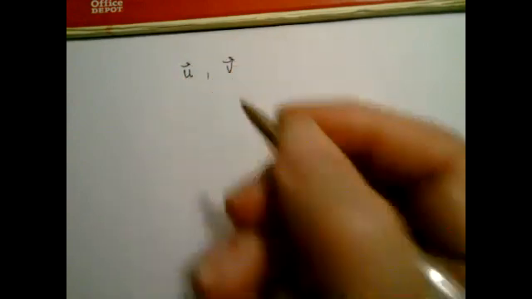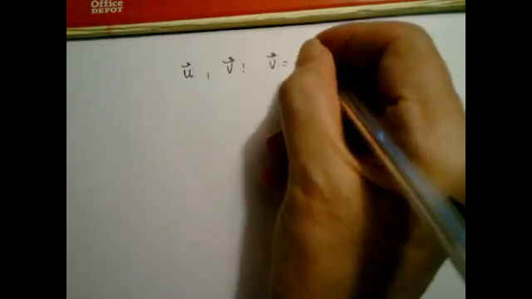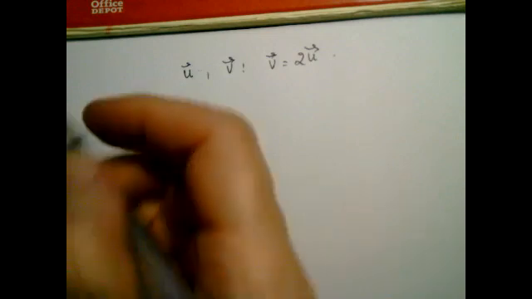Forget about the geometry for 1 minute. Are you with me? Suppose I give you two vectors, u and v, and I tell you that v is 2u. That's what I give you. And my question: are u and v dependent?